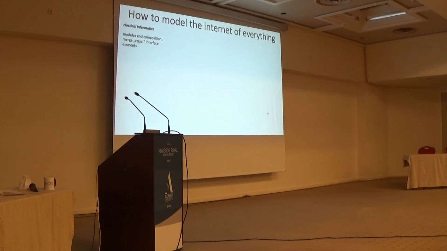Okay, to come to an end slowly, classical informatics has something like modules and composition, and you merge equal interface elements. That is the idea. I think everybody starts this way. If you want to model components, you start this way. And then, as I said, you get frustrated because if you start naively, it's not associative.